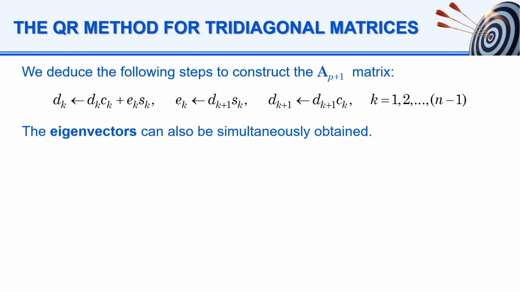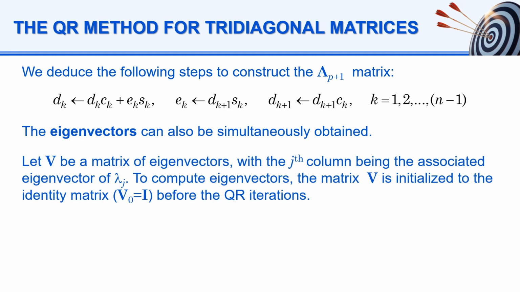The eigenvectors can also be simultaneously obtained. Let V be a matrix of eigenvectors, with the jth column being the associated eigenvector of lambda j. To compute eigenvectors, the matrix V is initialized to the identity matrix, V0 equals I, before the QR iterations.